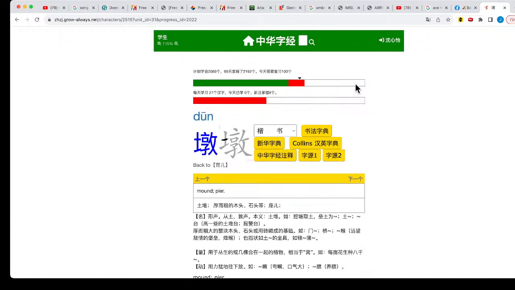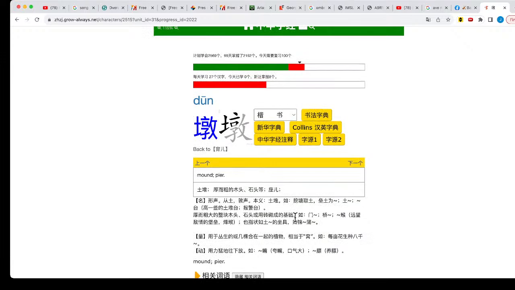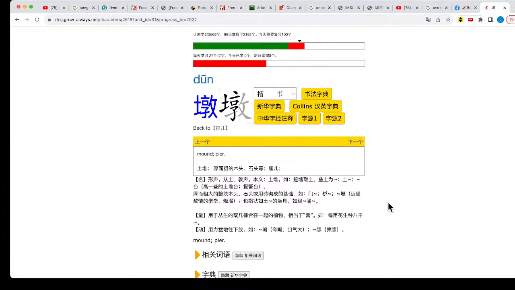Okay, 举蹲. So 蹲 is mound or pile. So basically you pile dirt and then you knock or stamp the dirt to make it solid. Oftentimes they actually mix some other materials to make the dirt solid.